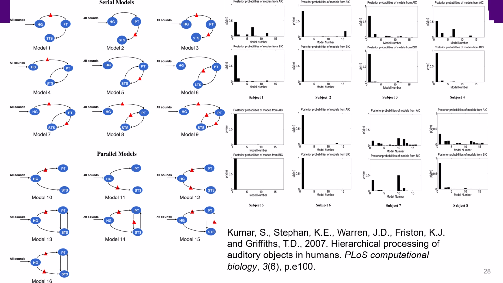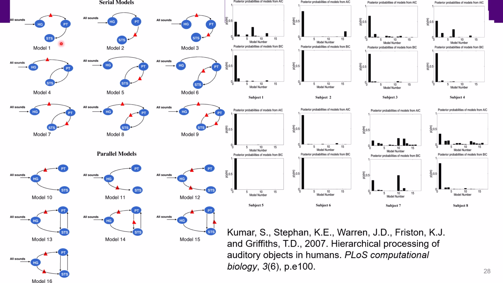An example of this in literature would be this paper by Kumar et al., where they were looking at the hierarchical processing of auditory objects in humans is the name of it, but they were looking at how they had some theories about how we process auditory information in the brain using fMRI.